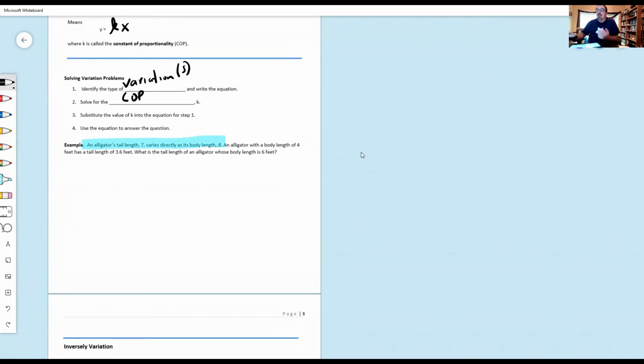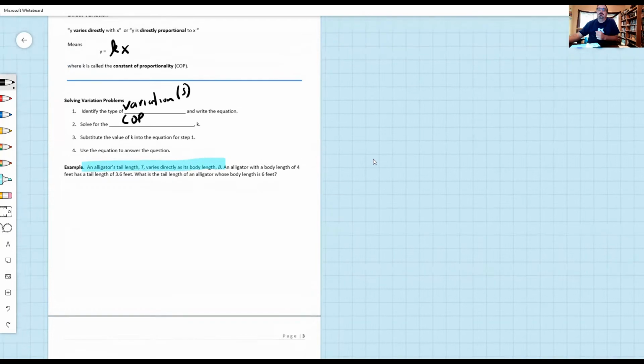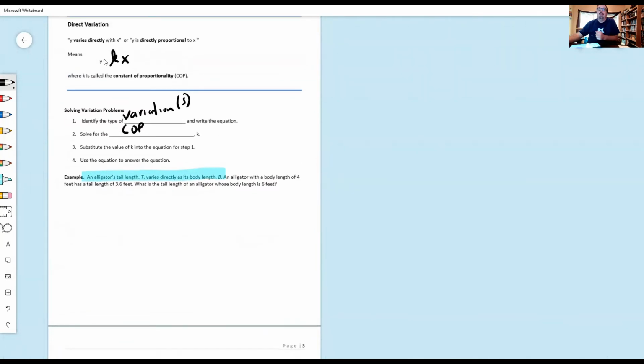Now, in the formula up here, it's y equals kx. So sometimes people get a little confused on who goes where. Well, when you read it, y varies directly or y varies proportionally. So whatever comes first before the words varies directly, or varies proportionally, or varies inversely, whatever you're using, is by itself.